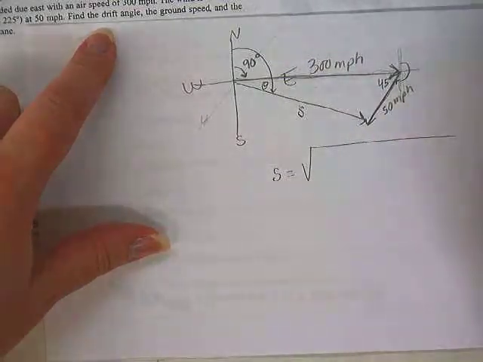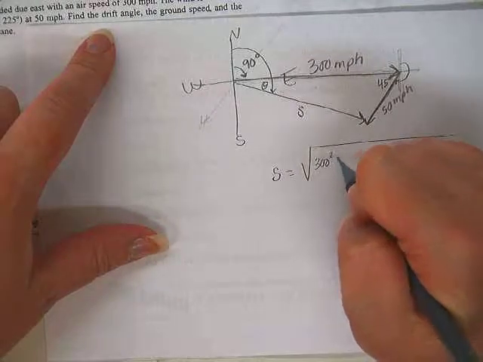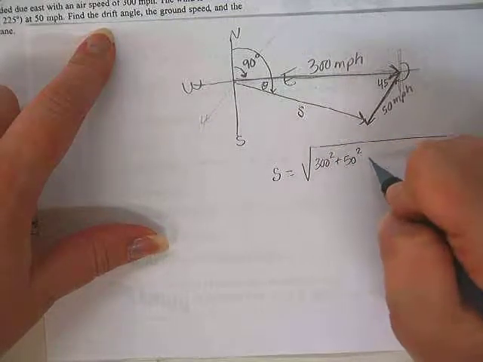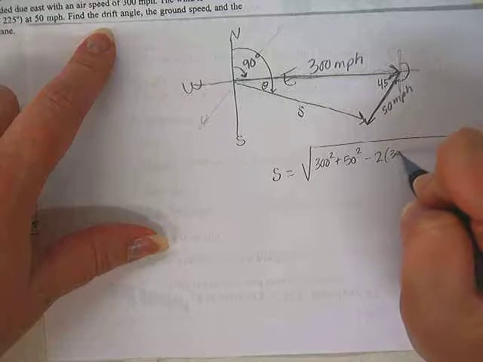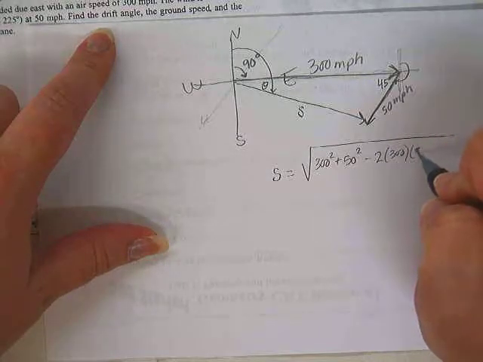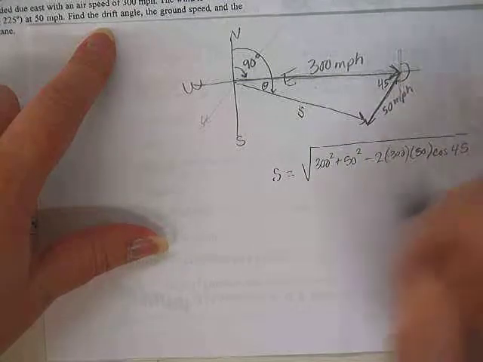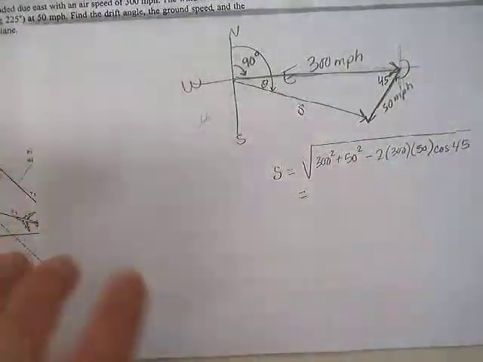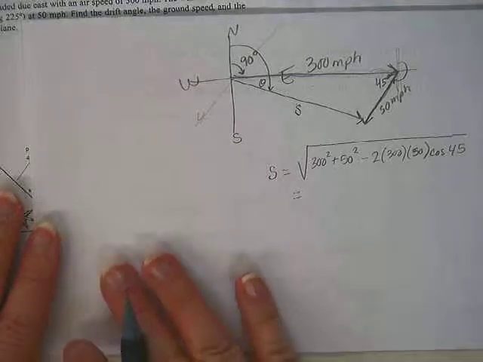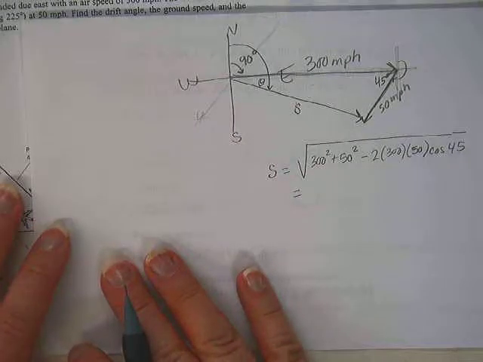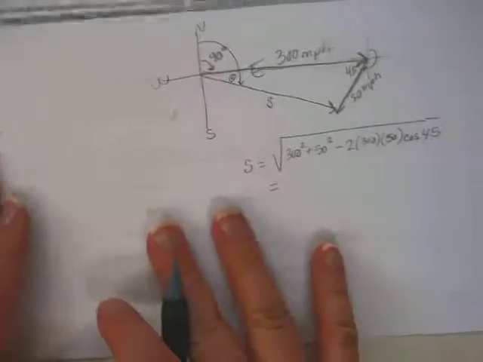Okay, so then we should be able to use law of cosines, shouldn't we? So our ground speed, S, is the square root of 300 squared plus 50 squared minus 2 times 300 times 50 times the cosine of 45.